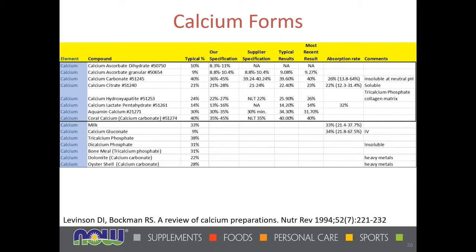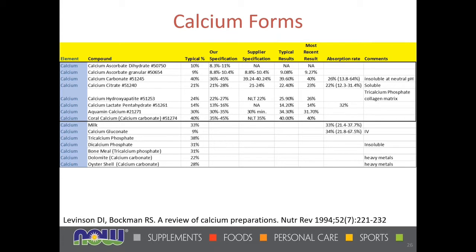If you took a gram of calcium citrate, you'd have about 210 milligrams of calcium, about half. But when you look at the absorption rate, it ranges from 22% for citrate and 26% typically on the carbonate. So you have slightly better absorption on the carbonate and twice as much calcium. So you take half as many pills. So that's one reason why carbonate is still somewhat popular.